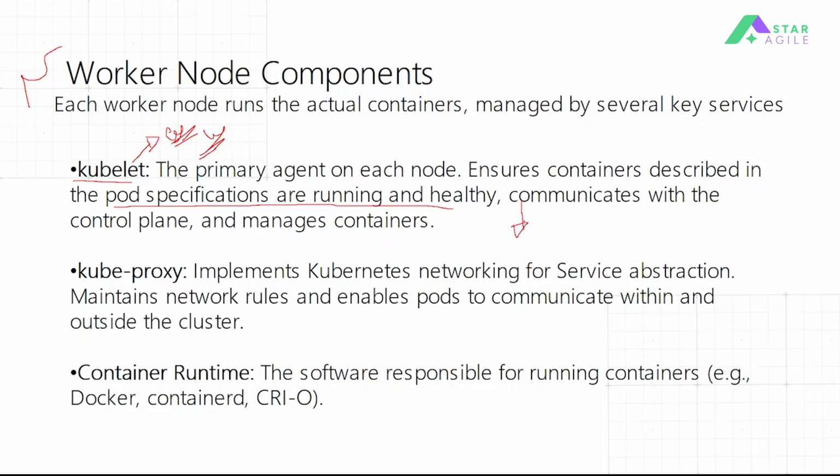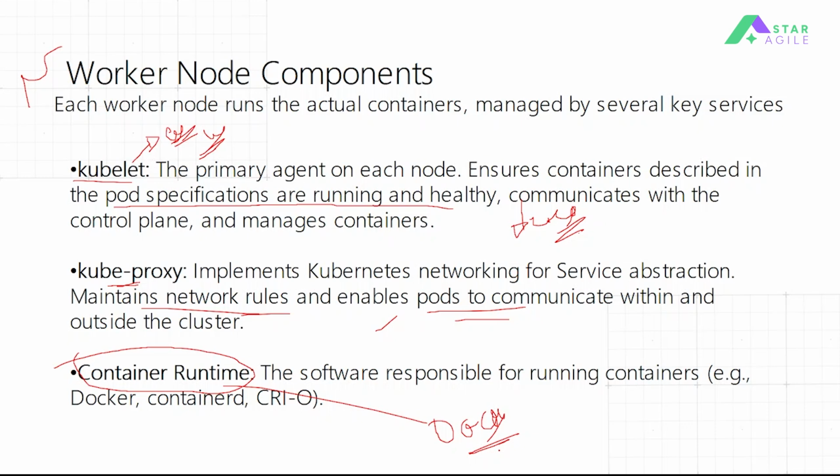Your Kubernetes API server or etcd. Right, and Kube-proxy maintains the network and enables the pod to have communication outside the cluster. And generally for container runtime, we will go with Docker. Docker will be installed as a base on top of which your Kubernetes will be running.